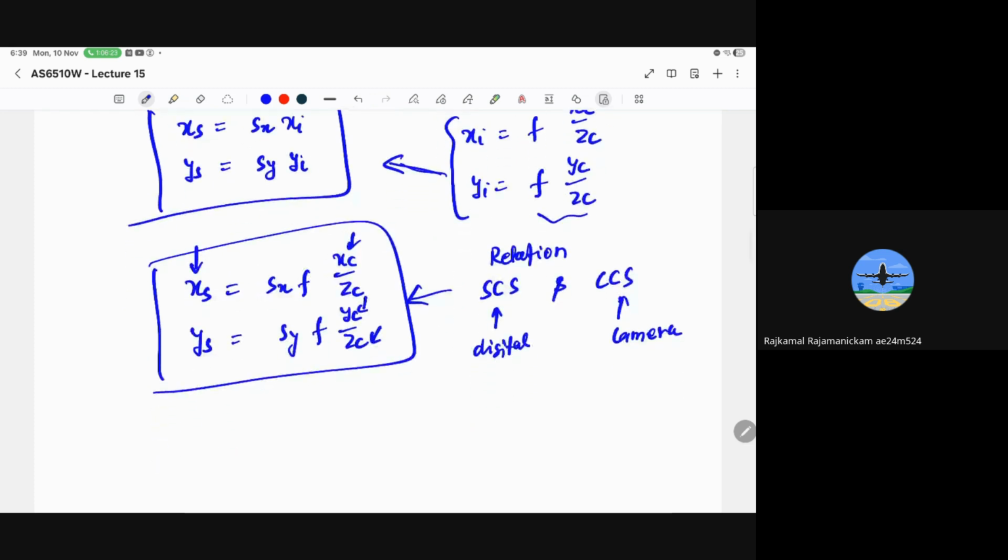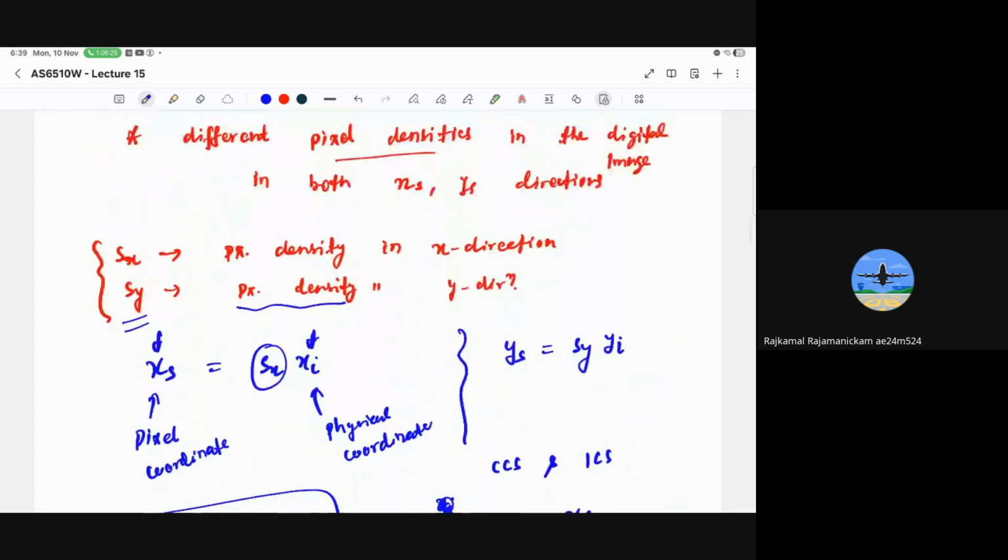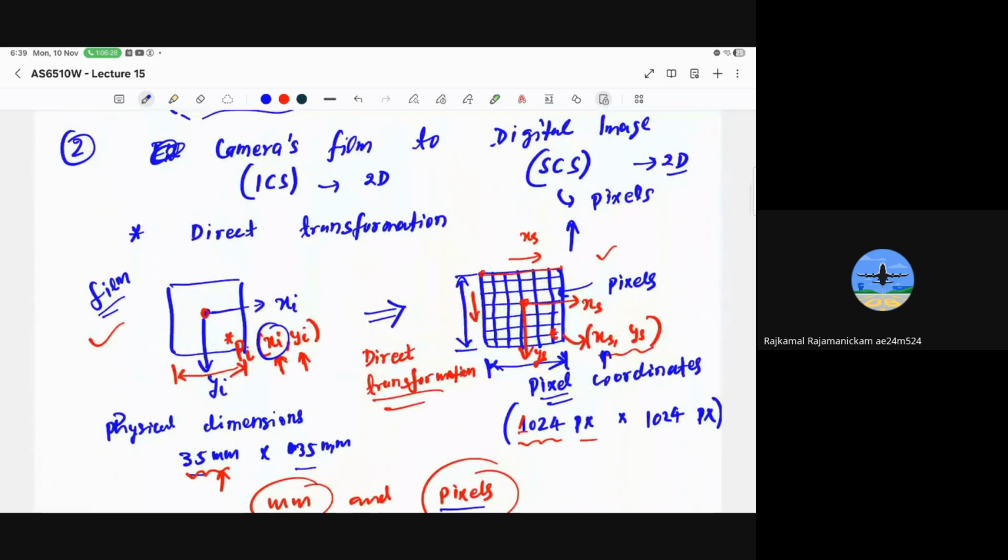One other thing we have to add here. Right now, this is the point in the film coordinate system, and corresponding to this we'll have a point in the digital image.